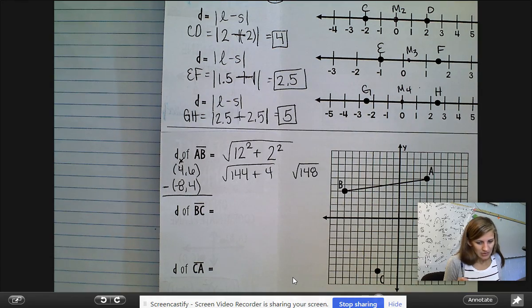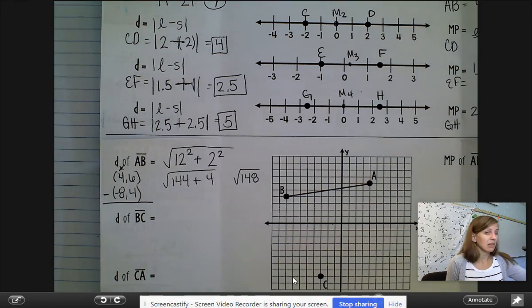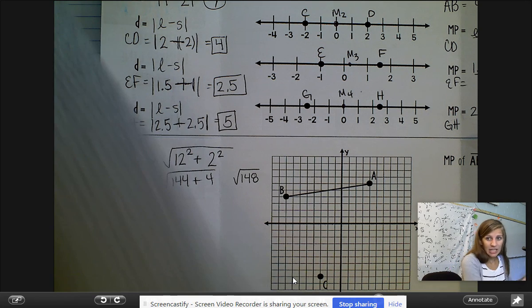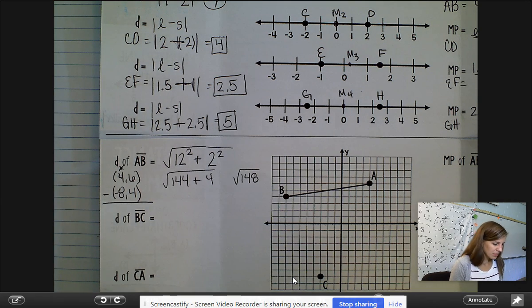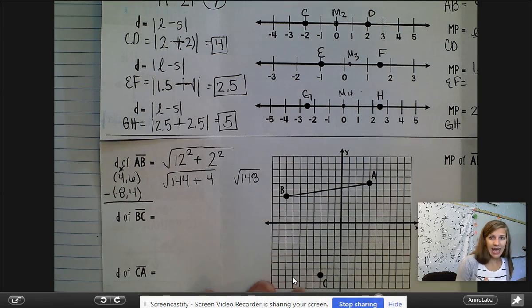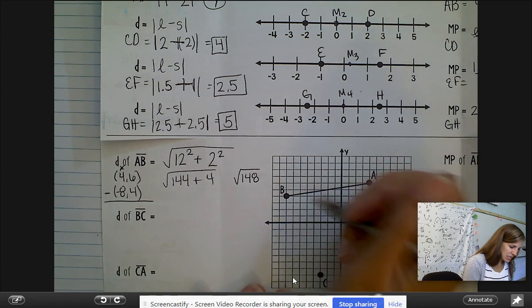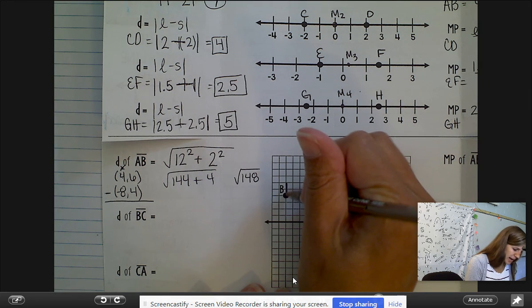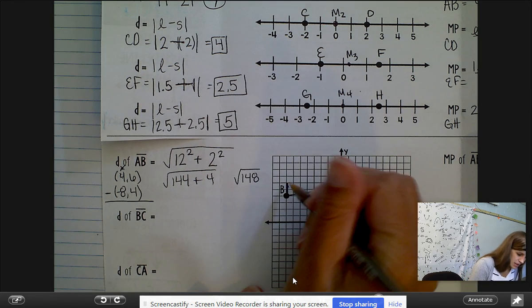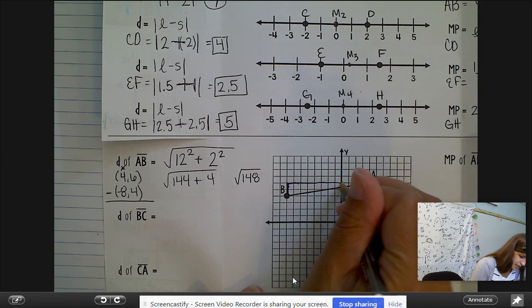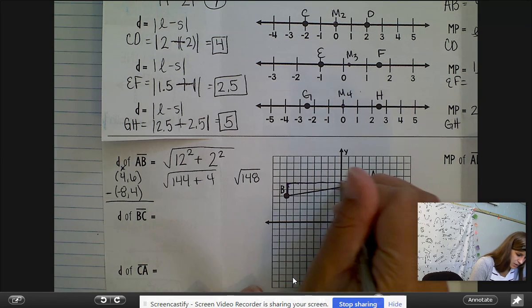So the way I like to do it actually uses something that we're going to talk about a lot later in this class. But I can show it to you now. So if I count the slope, so if I start at B and count the slope of my line, so I rise up 2 and run over 1, 2, 3, 4, 5, 6, 7, 8, 9, 10, 11, 12.